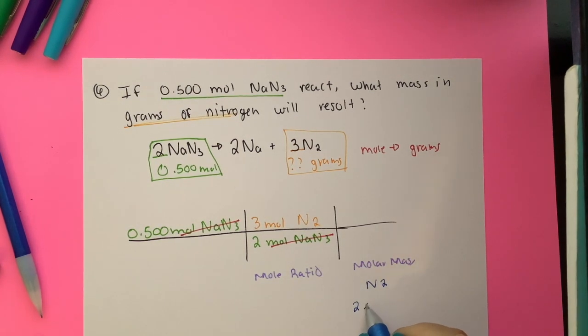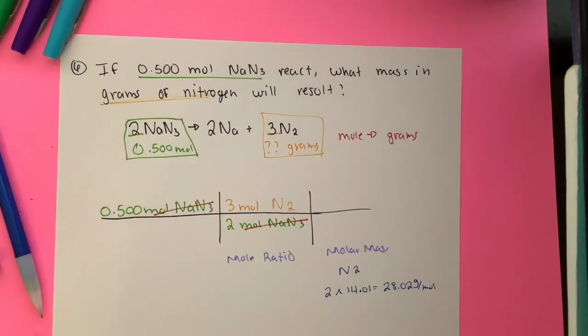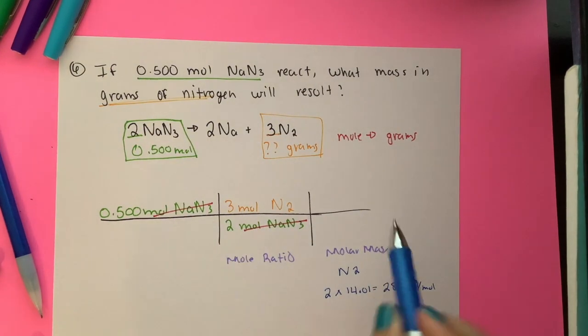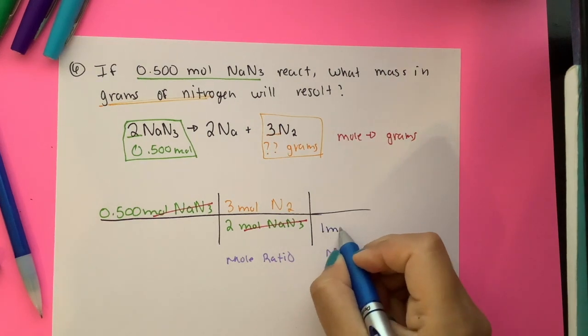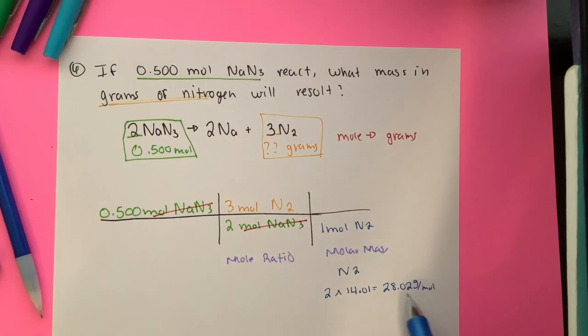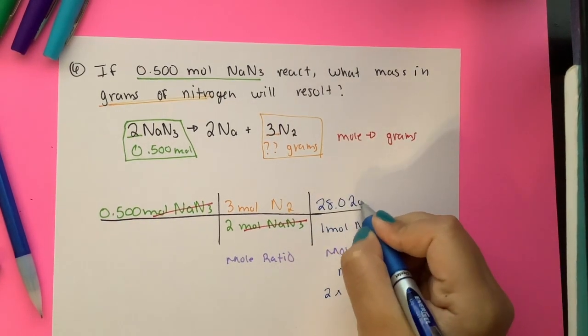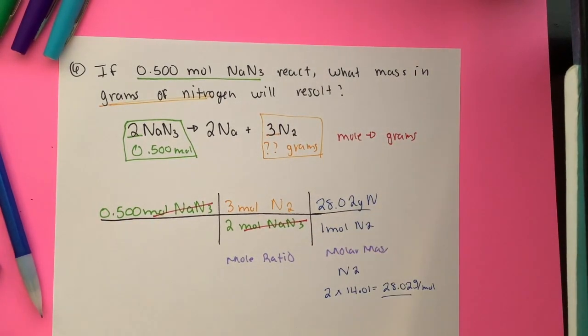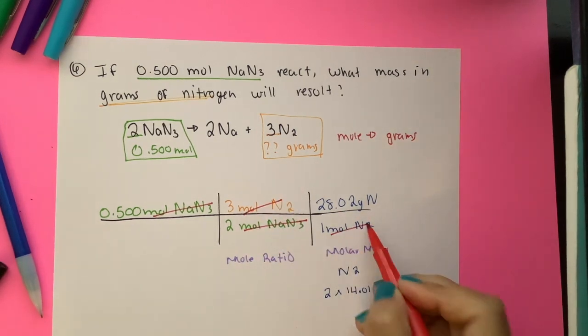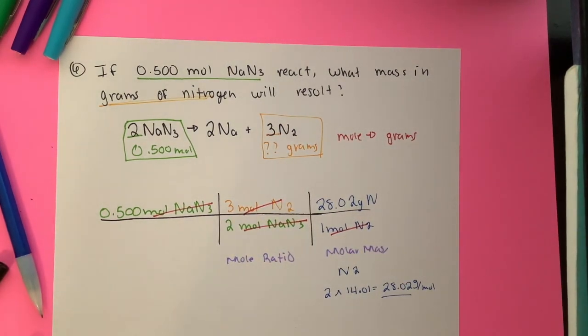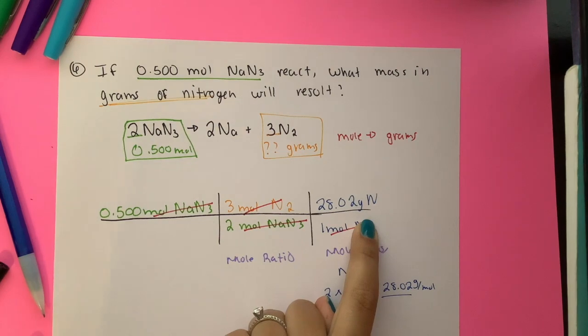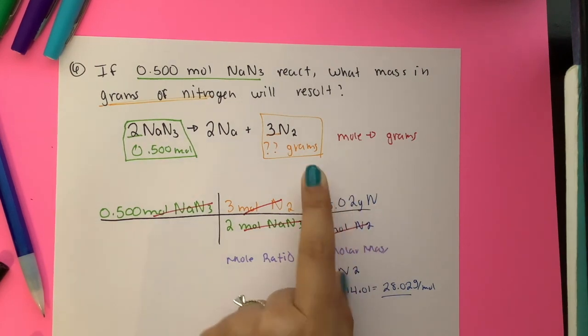Each one has a mass of 14.01, 28.02 grams per mole. Okay, since I have moles here in the top, I want moles of nitrogen in the bottom. So in the top, it's going to be 28.02 grams of nitrogen. Here, the moles cancel out, and the only unit that's left uncrossed is grams of nitrogen, which is what my question is asking me.